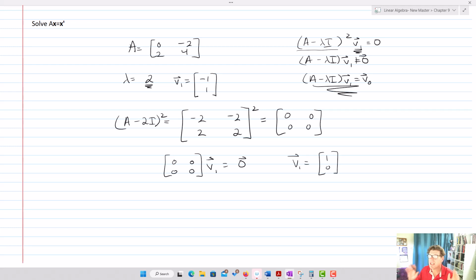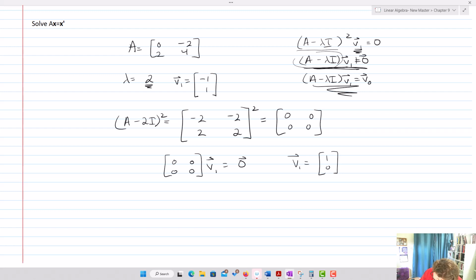By the way, you just need to find one that will actually work. In this case, that means finding something in the null space, but it's the zero matrix, so everything's in its null space. All we need is to make sure that (A - λI)v₁ does not equal 0. If you remember, this is how we went about finding our eigenvectors when finding them by hand.